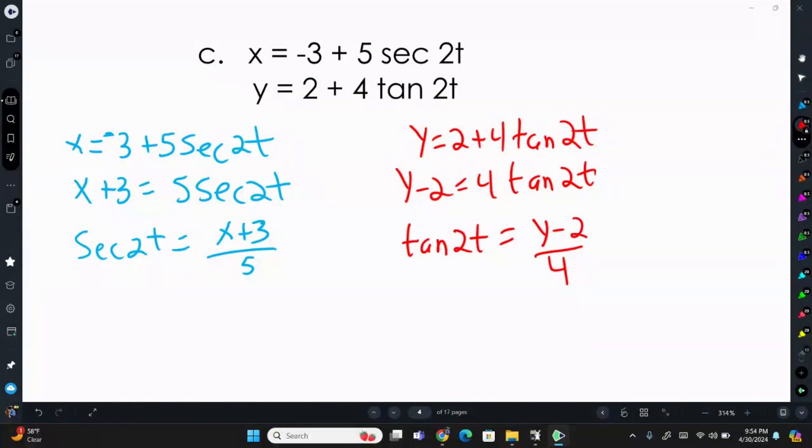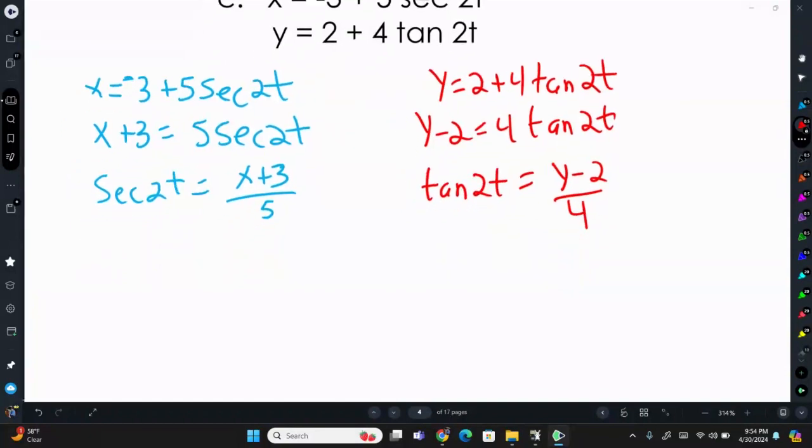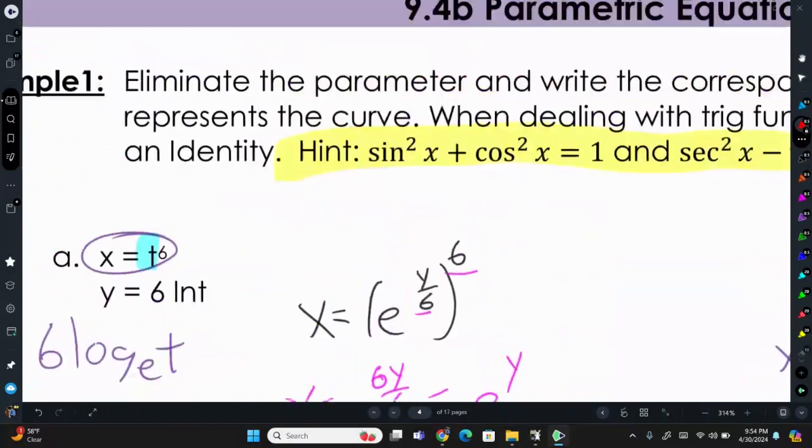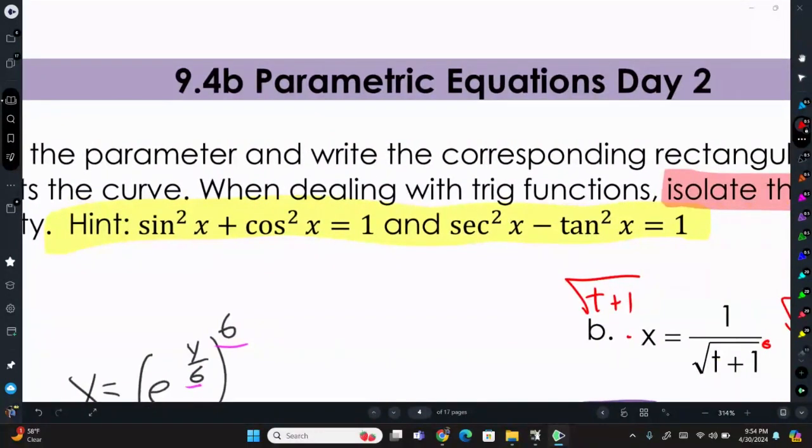Okay, so now we have our trig functions by themselves, and we know that secant squared minus tangent squared is equal to 1.